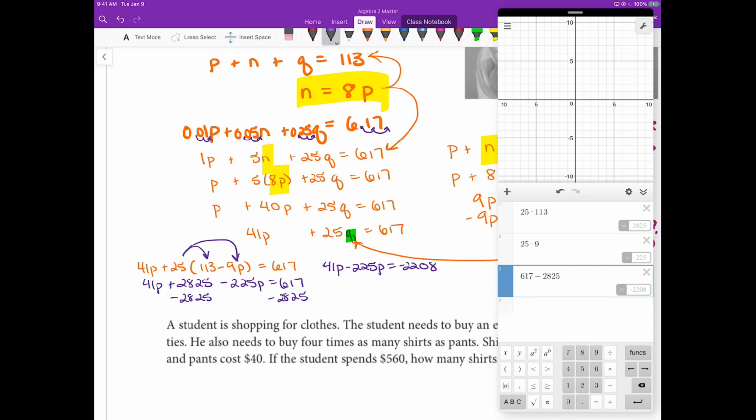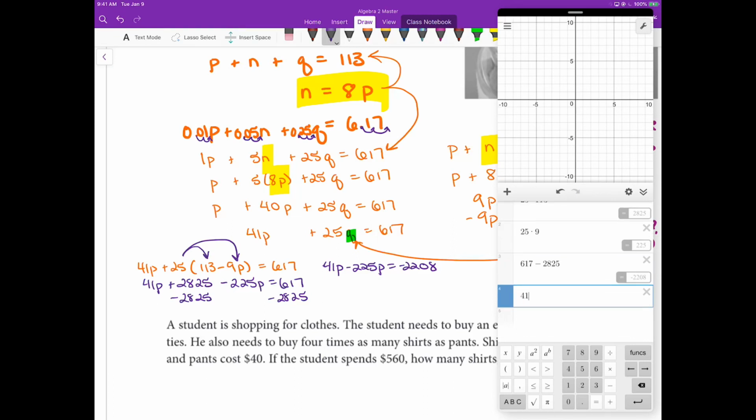And then we have 41 minus 225, and that's negative 184p equals negative 2,208. And these are funny values to get for pennies, right?